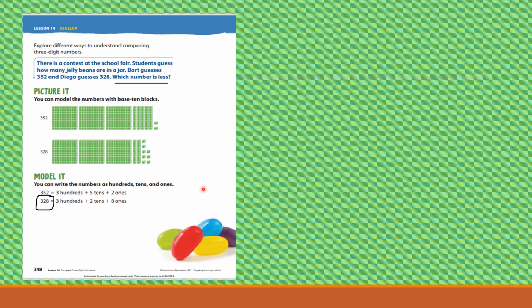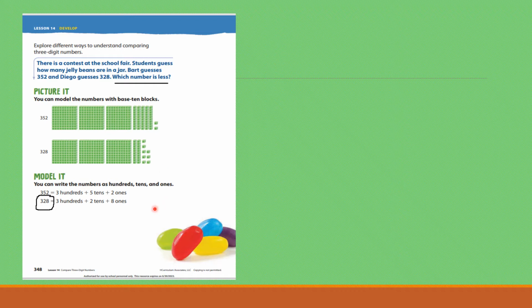Now, I like answering a problem like this using the model as hundreds, tens, and ones. If I draw the picture out, I'm more likely to make a mistake in my drawings, or my drawings will be so messy that I can't clearly see the model to be able to compare the two numbers.